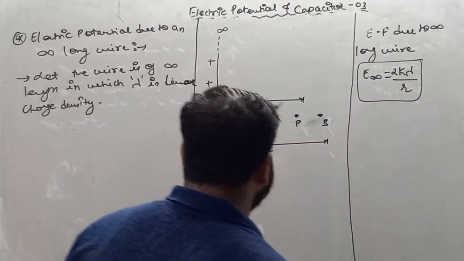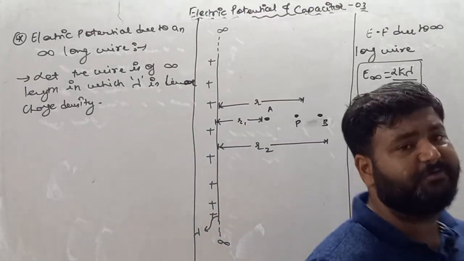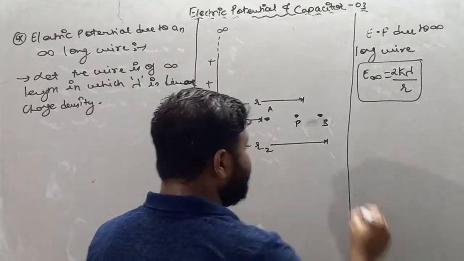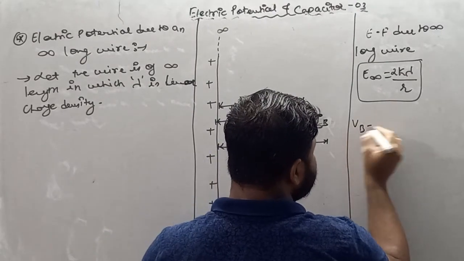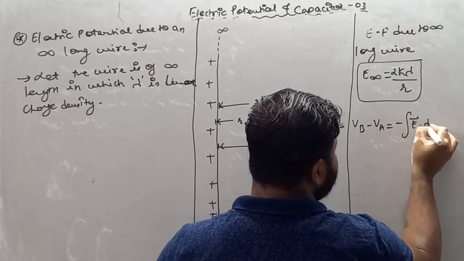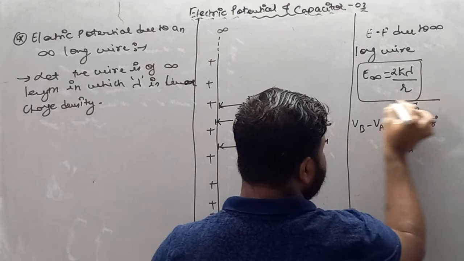Now moving forward, we are considering two different points and we wish to find electric potential due to an infinite long wire having linear charge density lambda. So we know the formula of electric potential difference. It is VB minus VA is equal to minus integral E vector dot dr vector from RA vector to RB vector. We know this formula.